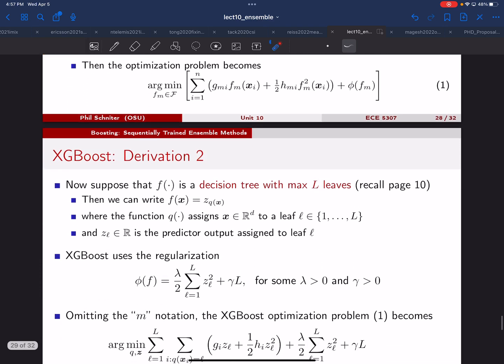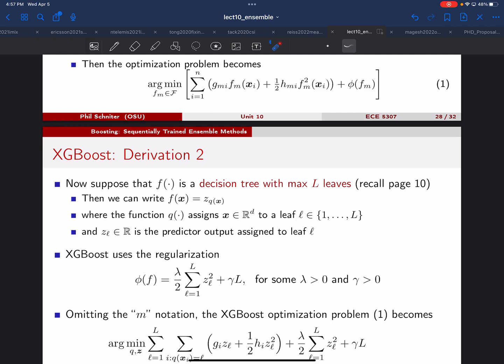Okay. So now we're going to be very specific about the structure of f. We're going to say it's a decision tree with a maximum of capital L leaves. And we learned that we can think about decision trees as a two-step process. The first step is like a lookup table.